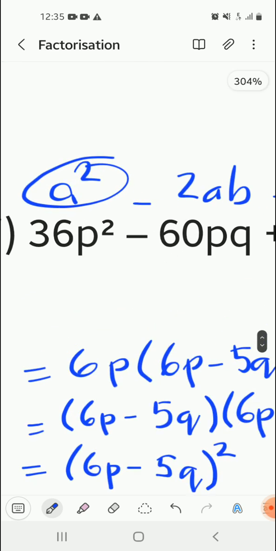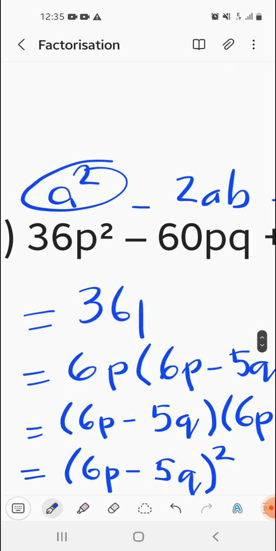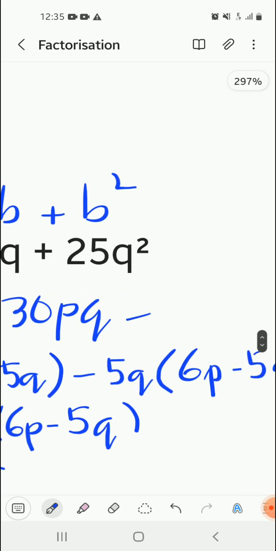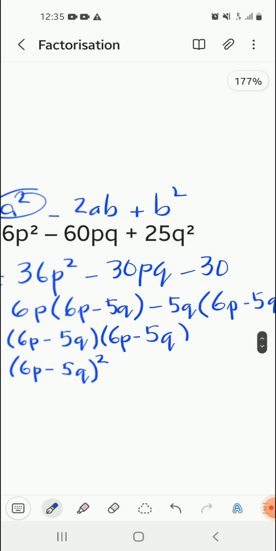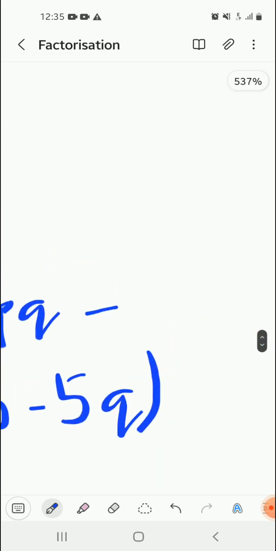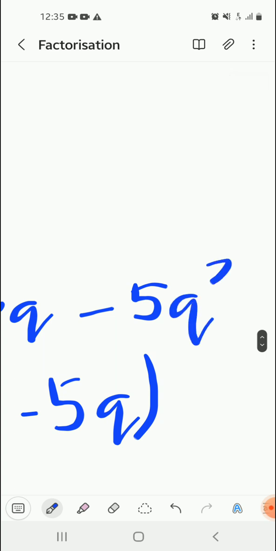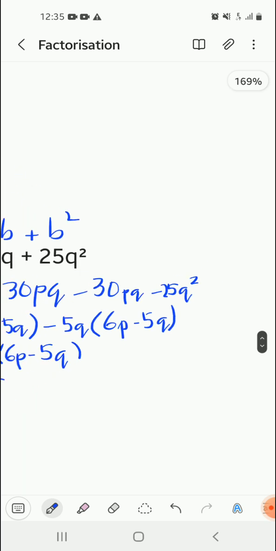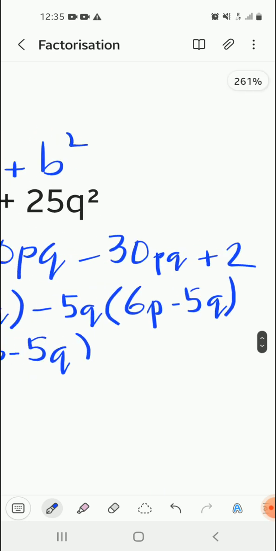Once we have done it, multiply 6 into 6 is 36, p square, minus 6 into 5 is 30, pq, minus 5 into 6, 30, pq, minus 5q square, it will be plus 25q square, because minus into minus is plus.